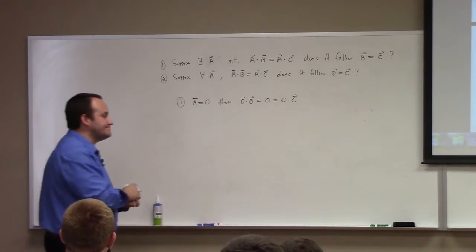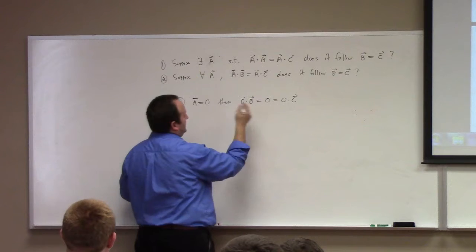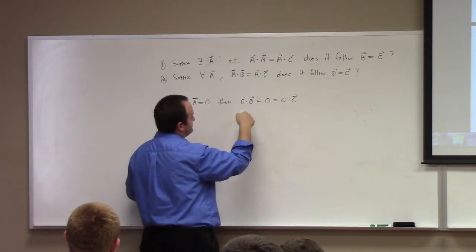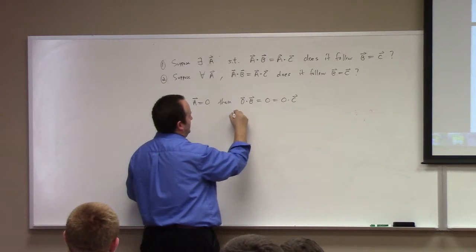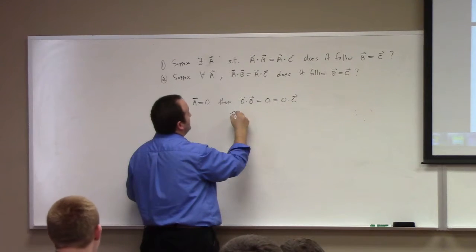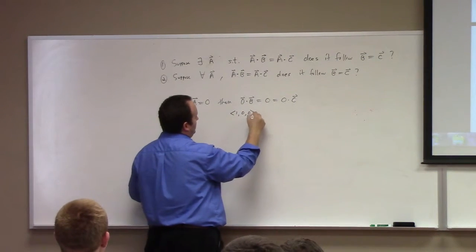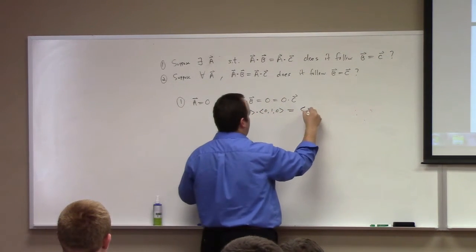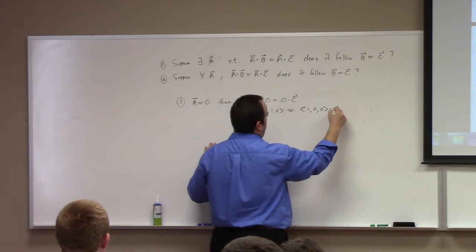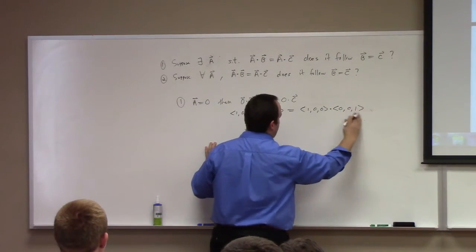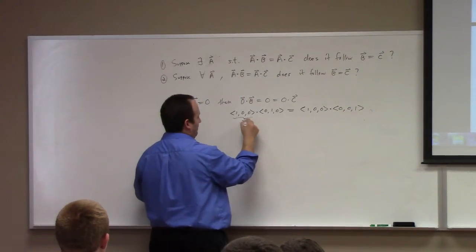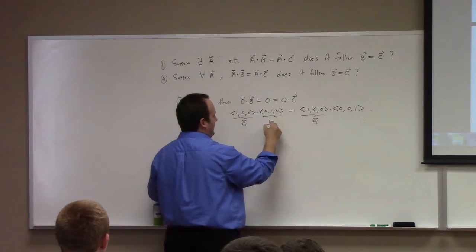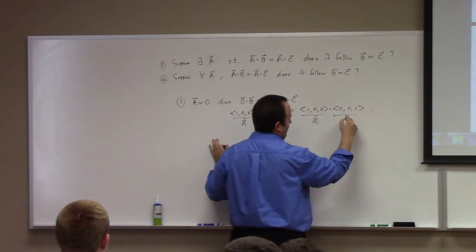It is not. Because, of course, you can have things like, let's see here, how about this? 1, 0, 0 dot 0, 1, 0. That's equal to 1, 0, 0 dot 0, 0, 1. So here's my A, here's B1, here's B2.